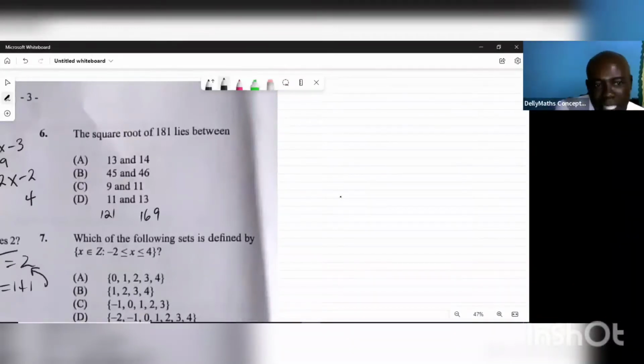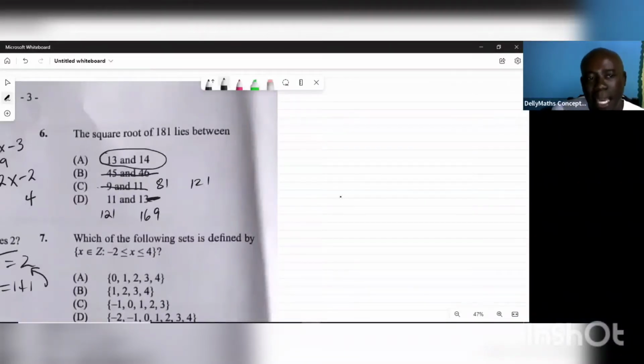You have to know those. So you definitely know that 9 and 11 won't work, because 9 squared is 81 and 11 squared is 121. So then you have this, which you could work out, and this to choose from.